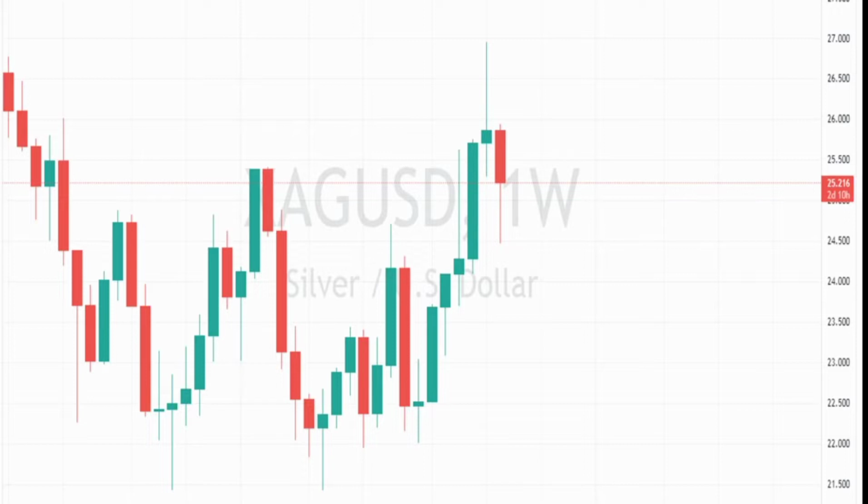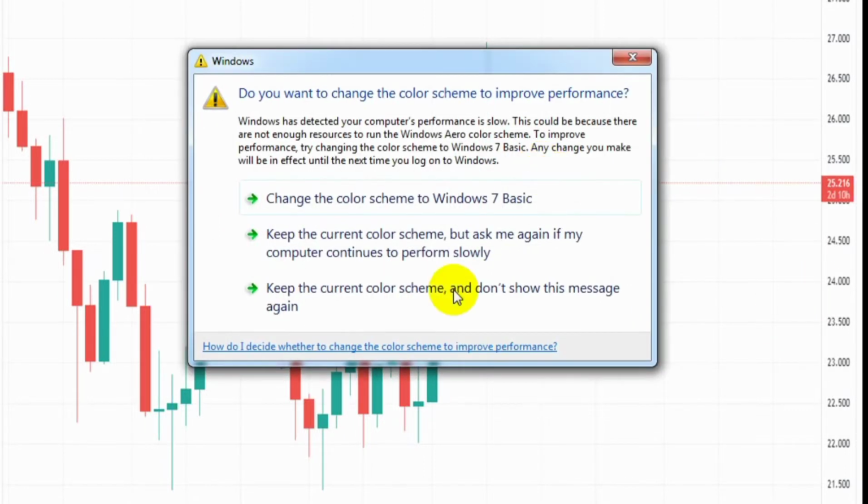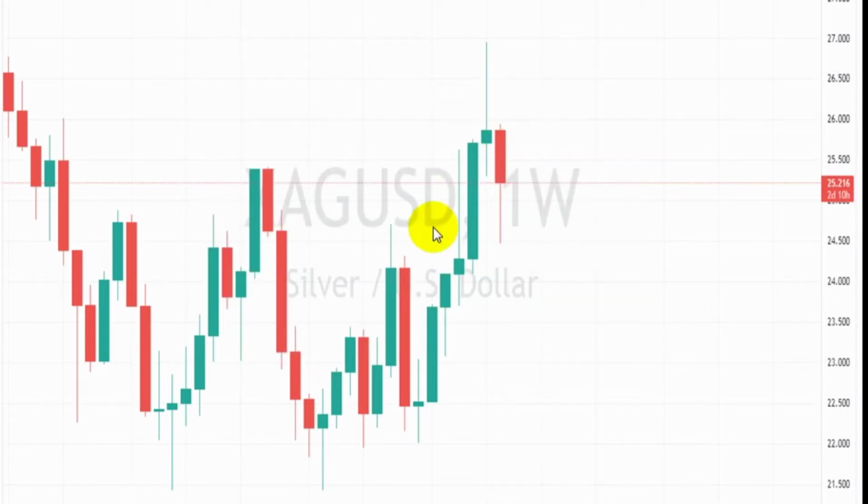I was unable to get an entry because I had two pairs I was looking at, silver against the dollar and the Aussie dollar. I couldn't get an entry on silver, but I definitely traded Aussie dollar, which I'm going to make a breakdown video on as well.